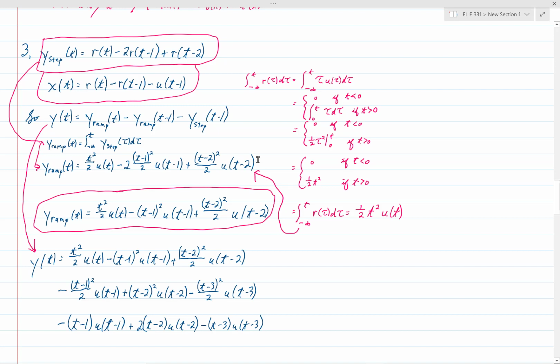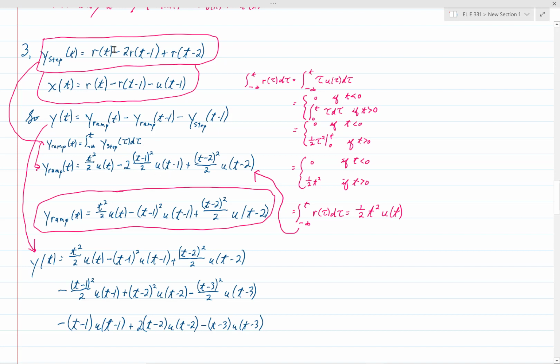Okay, so all we've done here is, as this says right here, to get the response to the ramp, we have to integrate the response to the step. Here is the response to the step, and here we have integrated it using this information we obtained over here about what happens when we integrate a ramp function. So this is the integral of r of t.